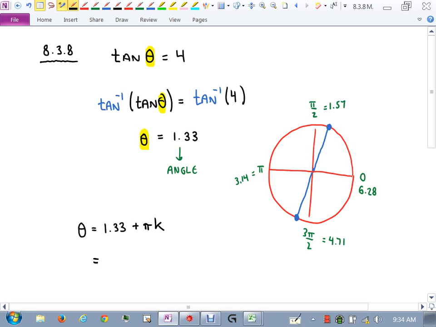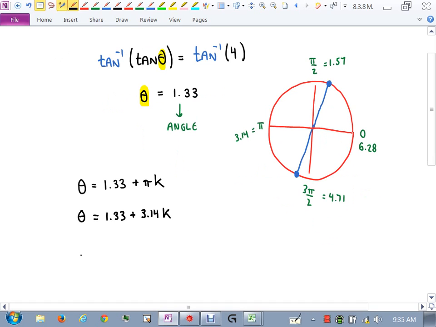Now, if you don't like the way that looks, just remember that pi is about 3.14. All I'm doing is replacing pi with 3.14. And this would be my general solution. Are there questions on that?